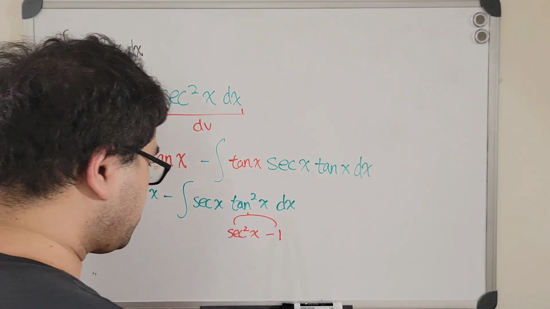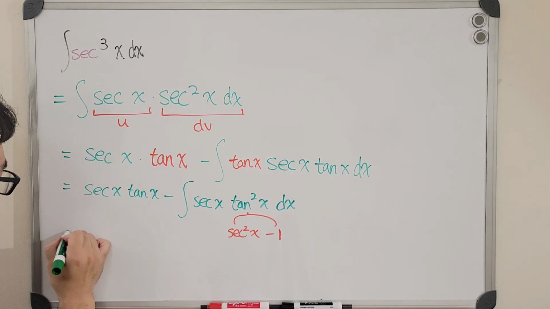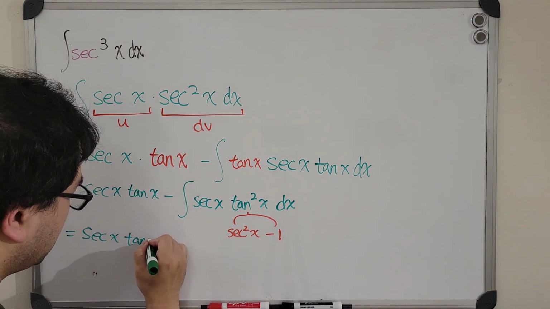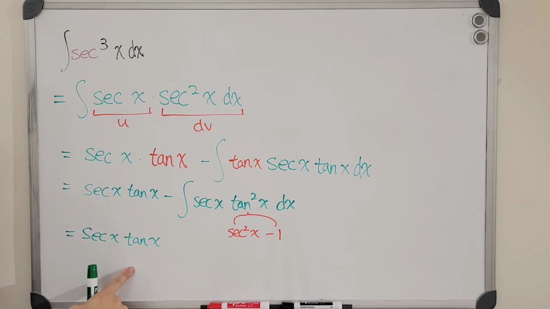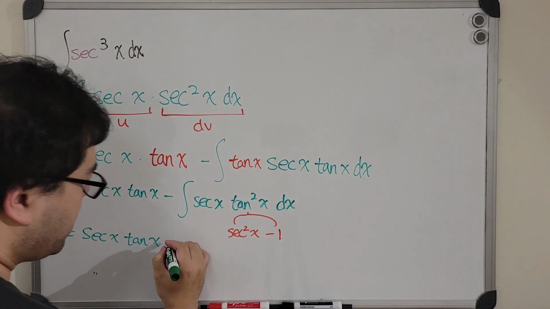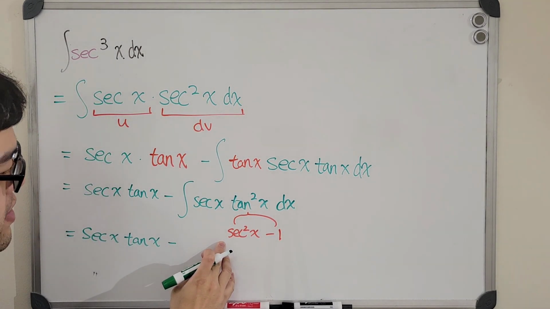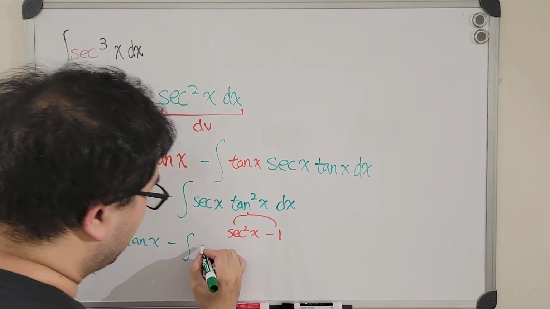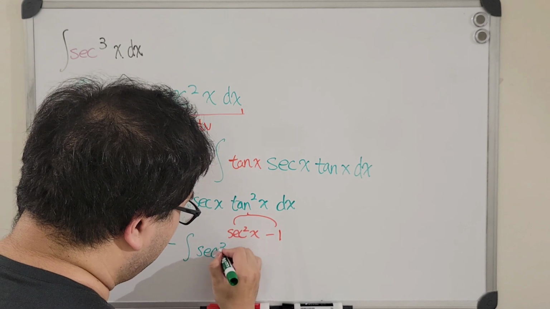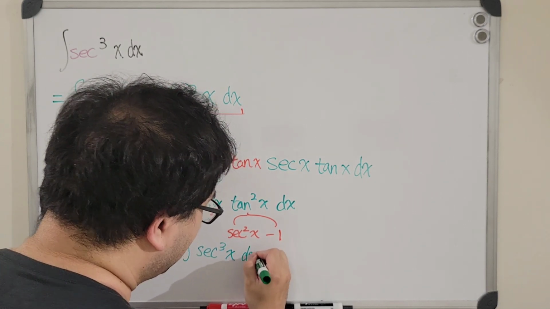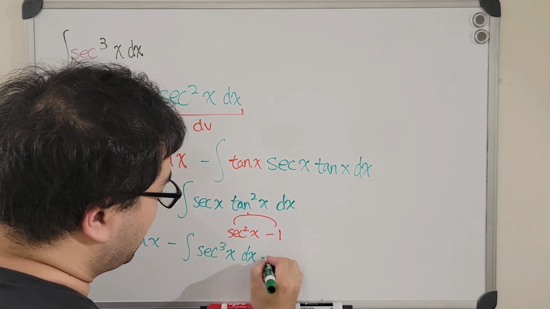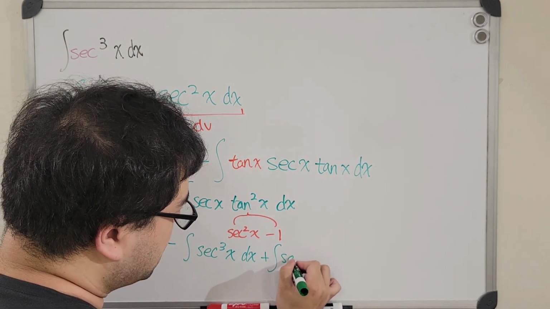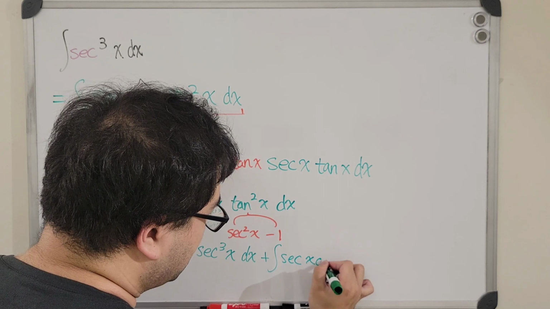So as we rewrite it, we get the first part not an integral anymore, minus, as we distribute it, secant to the third power of x dx. Then we'll have minus a negative, which turns into positive, of secant of x dx.